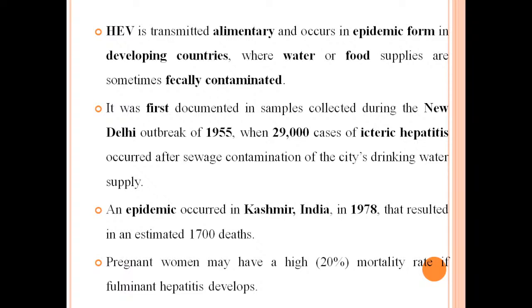Pregnant women may have a high mortality rate, about 20%, if fulminant hepatitis develops. So this form of hepatitis was identified later than other forms of hepatitis, and it's also foodborne like hepatitis A.